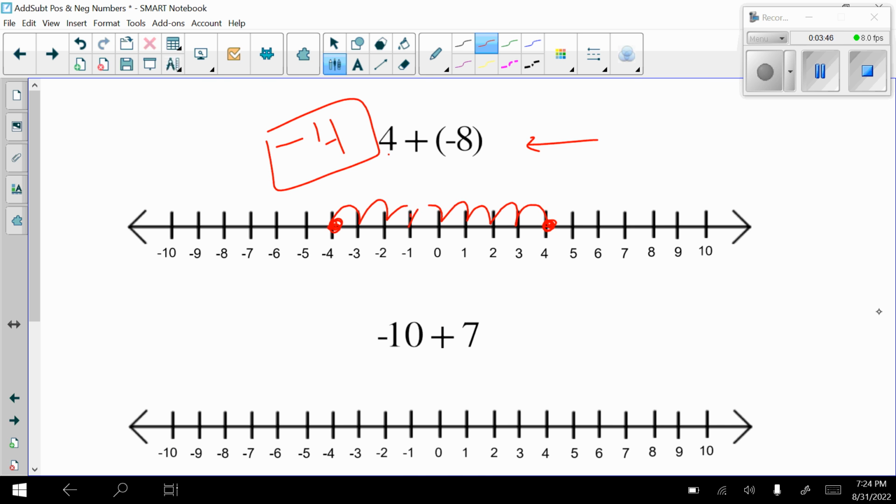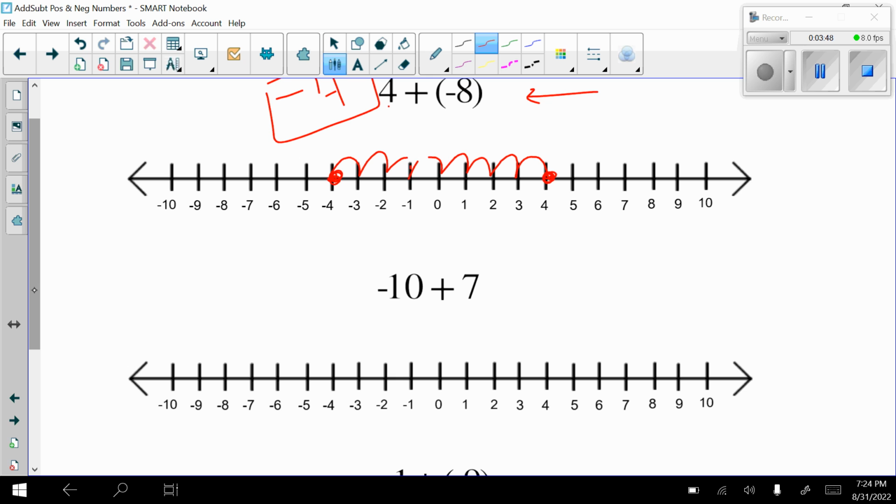Let's look at another example. Negative 10 plus 7. Well, this one's a little bit different now. Now the negative number is first, and I have a positive number afterwards. So let's just think about it using the number line. I'm starting at negative 10 down here. I'm just adding 7. Well, there's nothing special about that. I'm just adding 7, just like we normally would.